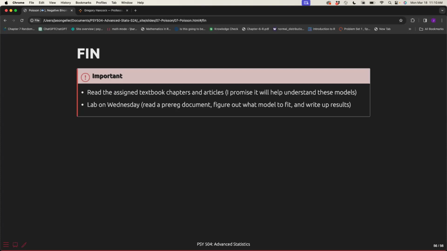But some people do take this count data and apply ordinary least squares regression to it. So did anybody read the Poisson fishy paper that I assigned for this week? It's like Poisson regression, a little fishy, but they do some really cool simulation studies showing that an ordinary least squares regression actually fits the data pretty well in terms of type 1, type 2 error rates, maybe even better than a negative binomial model.